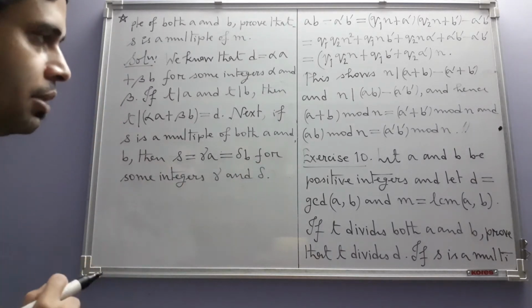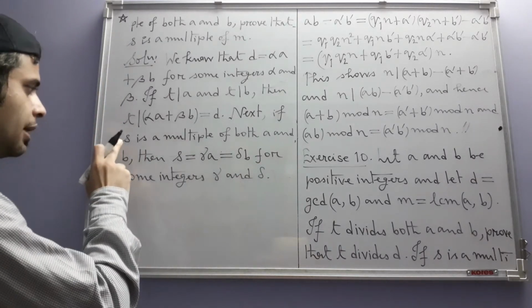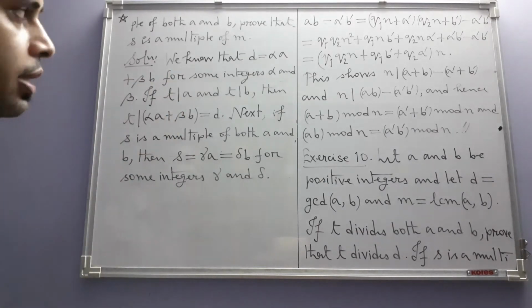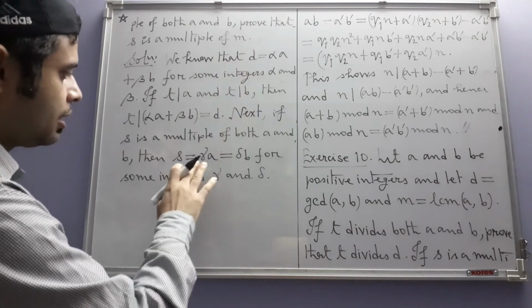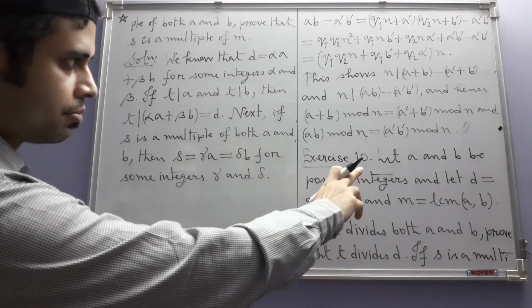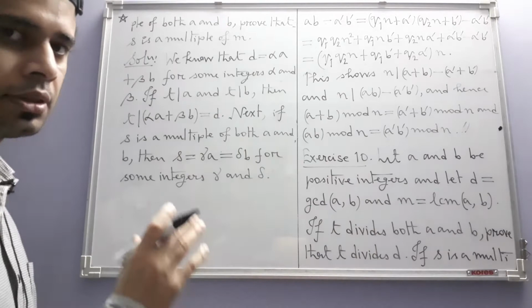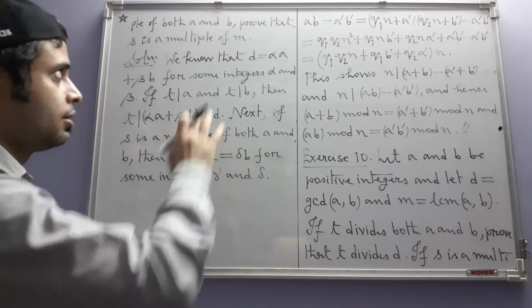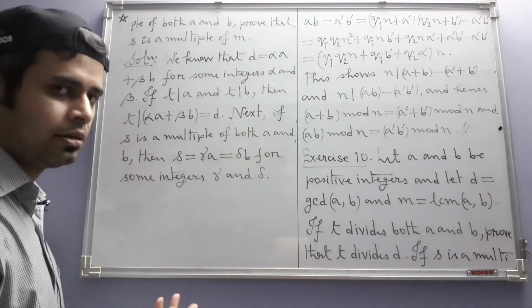Now next what we do, we divide S by the least common multiple M. We can do that because A and B are given to be positive integers. So their least common multiple is also a positive integer. In particular, M is not 0. So we can divide by M.